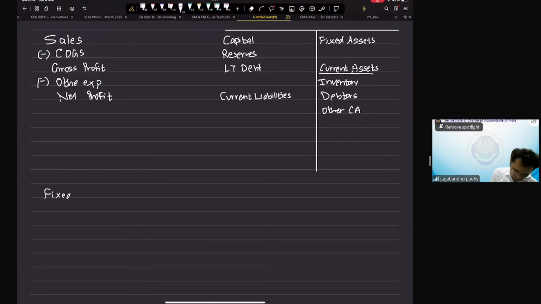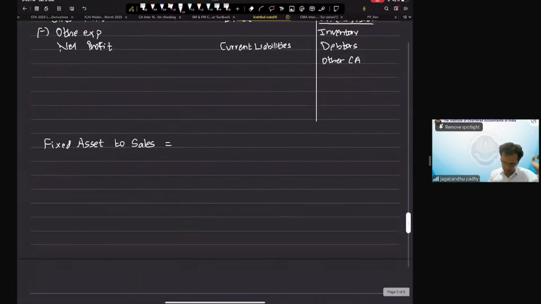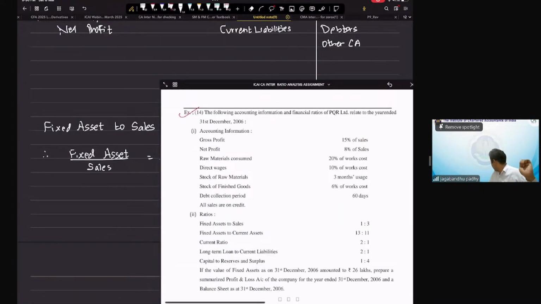First ratio that we're using is fixed asset to sales. Fixed asset to sales is 1:3. Therefore, fixed asset upon sales is 1/3. So what is the value of fixed asset?